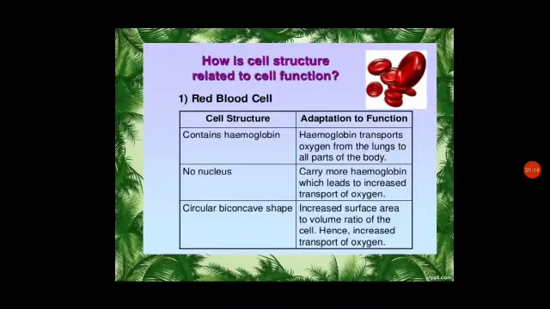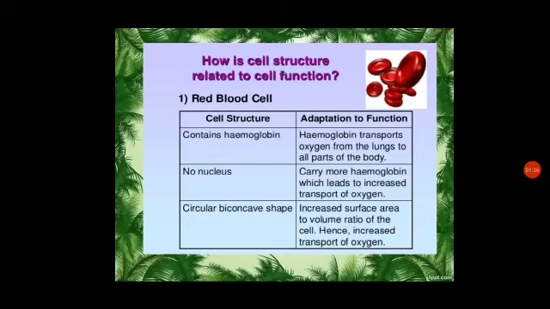Take the example of red blood cells. Red blood cells contain hemoglobin, so they transport oxygen from the lungs to all parts of the body. They do not have a nucleus so they can carry more hemoglobin, which leads to increased transport of oxygen.